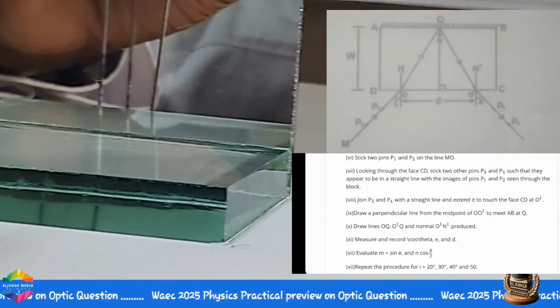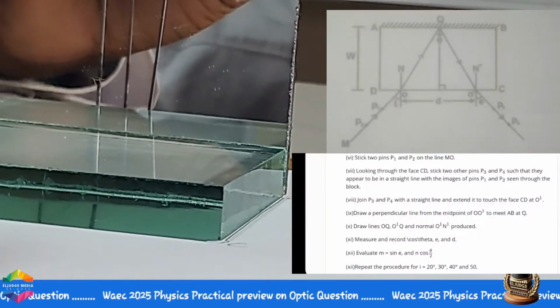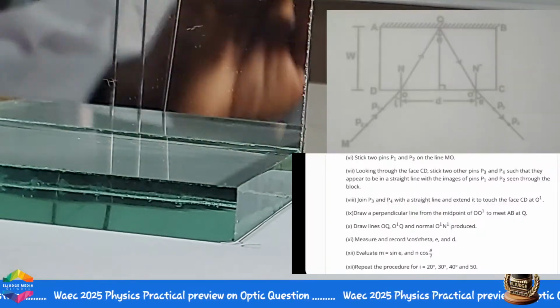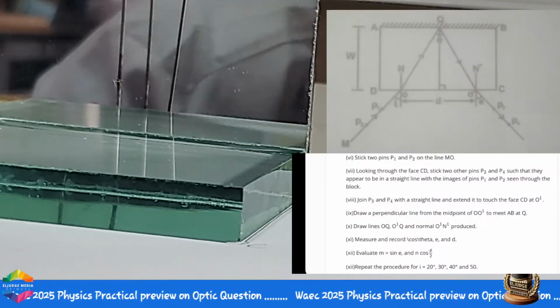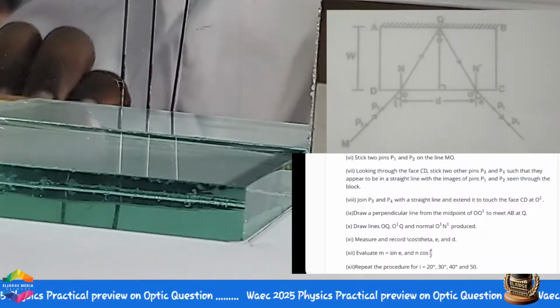I'm making sure that this pin P3 is in a straight line with the other 2 pins inside.